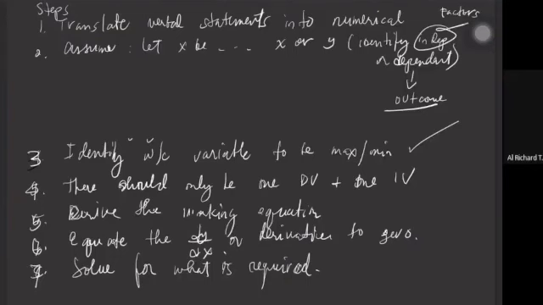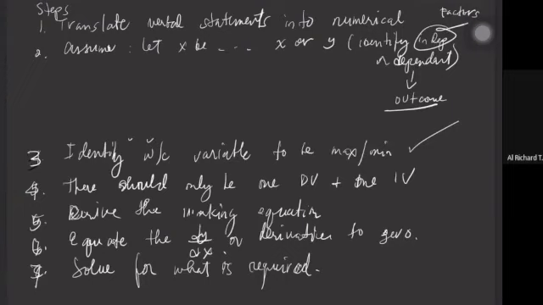In this maxima-minima problem, take note of the following steps. The first one is to translate verbal statements into numerical statements. So like the problem that we had a while ago, you're going to translate the statement there that you're given 2 non-negative numbers.